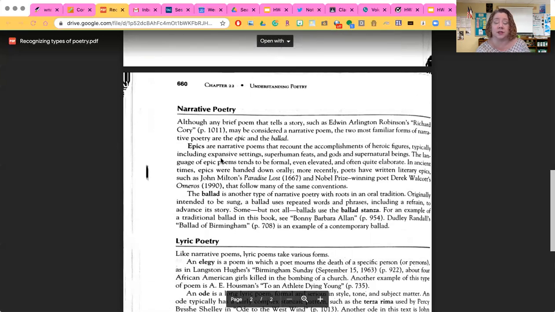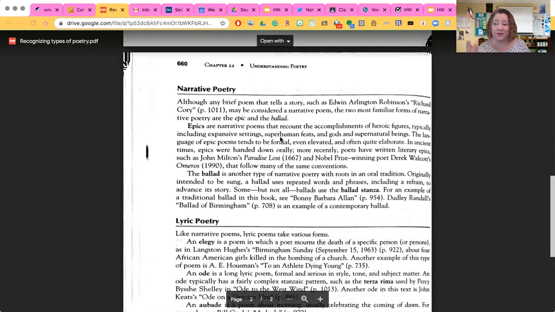There's a little bit of a breakdown on the second page of that assignment, where you're asked to understand the difference between an epic and a ballad. I think they're very different forms, so it's not too hard to know the difference. Epics are long. The Iliad and the Odyssey are epics. Beowulf is an epic.